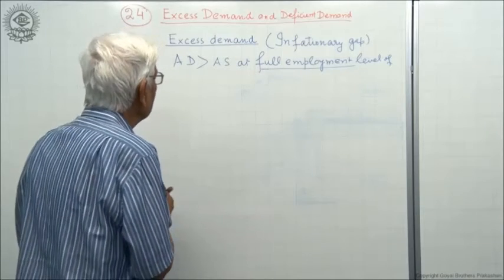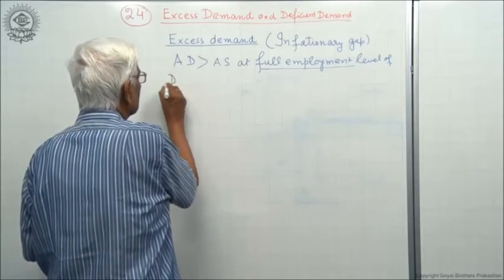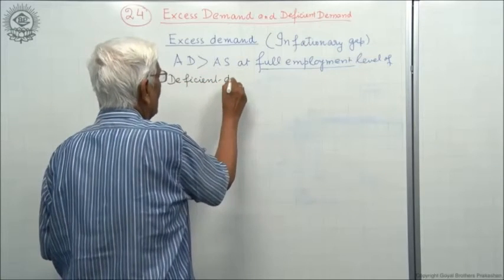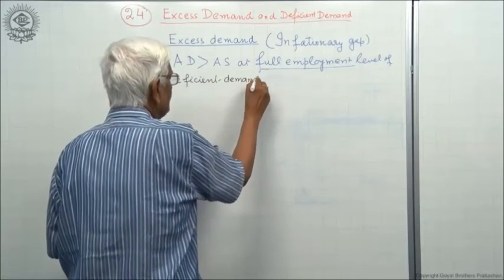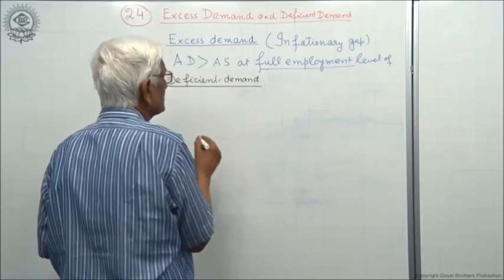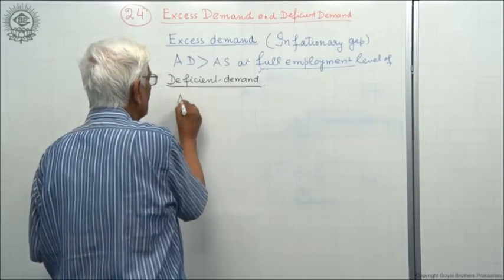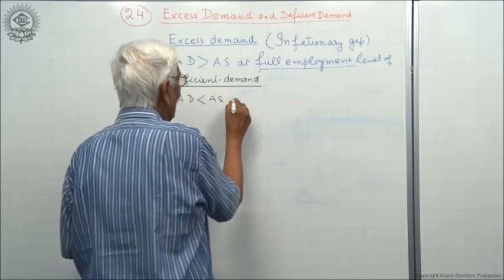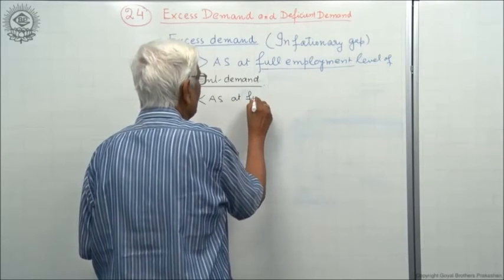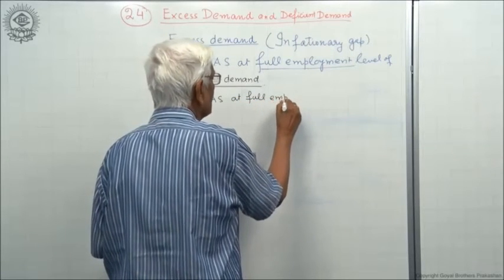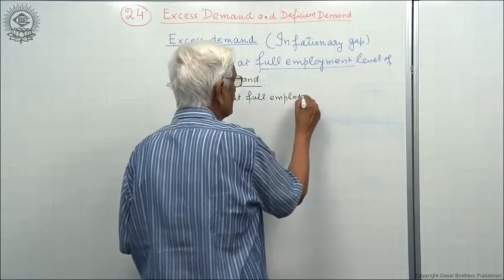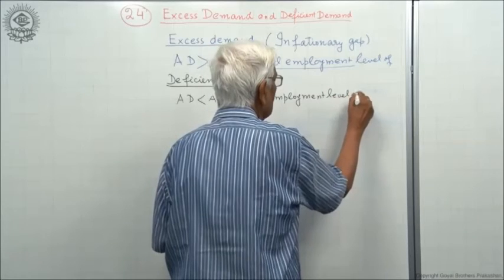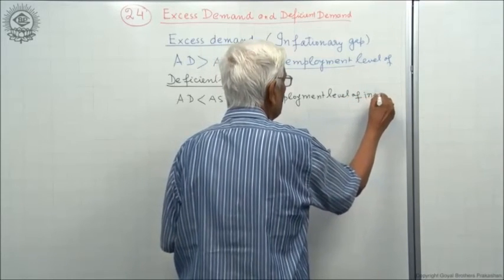Once you have understood the concept of inflationary gap, now we can take up the concept of deficient demand. It is defined in the same way. Now AD less than AS at full employment level of income.